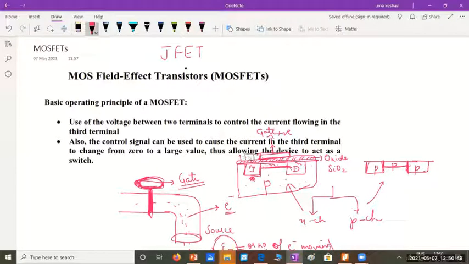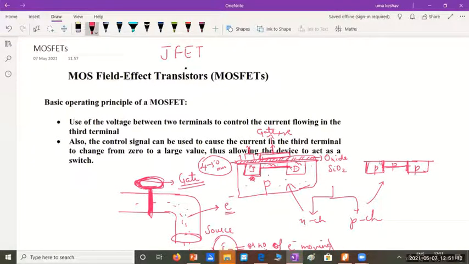So the metal terminals, the metallic contacts outside, it will separate that. This is a thin oxide layer, somewhere in the range of 4 to 50 nanometers. The thickness of the oxide layer here will be something around 4 to 50 nanometers. So such a thin oxide layer will be separating this.